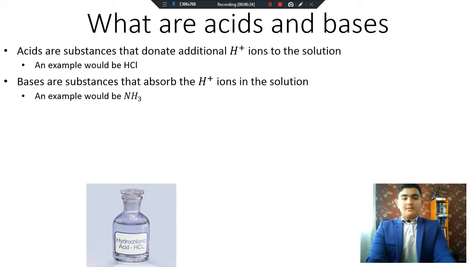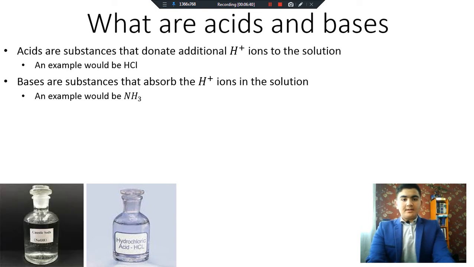Some bases reduce the H plus concentration indirectly. They dissociate and form OH minus ions, and thus H plus and OH minus ions bind together and form H2O, or water molecules, which as you know is pH neutral.